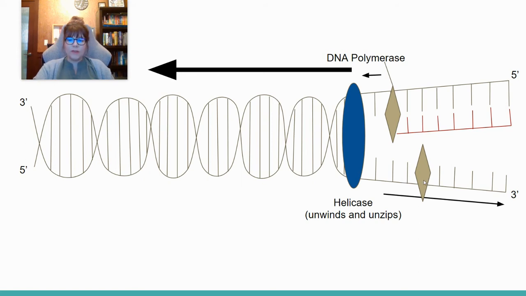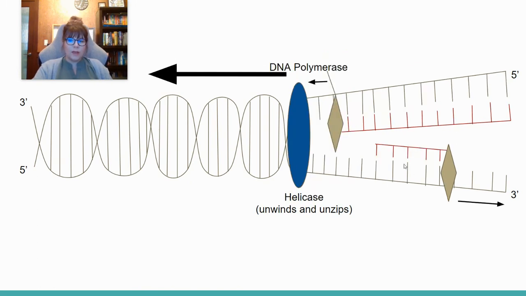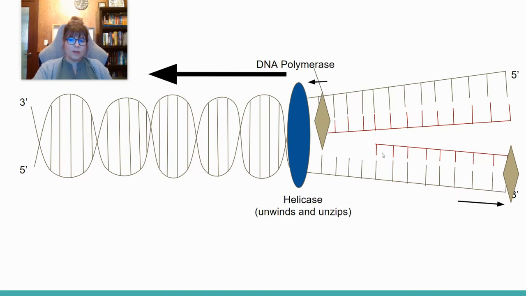So what happens is there's a primer set out, kind of like a little start sign for DNA polymerase, and it binds to that nucleotide. And what it does is it reads it 5' to 3'. So it reads it in the opposite direction.